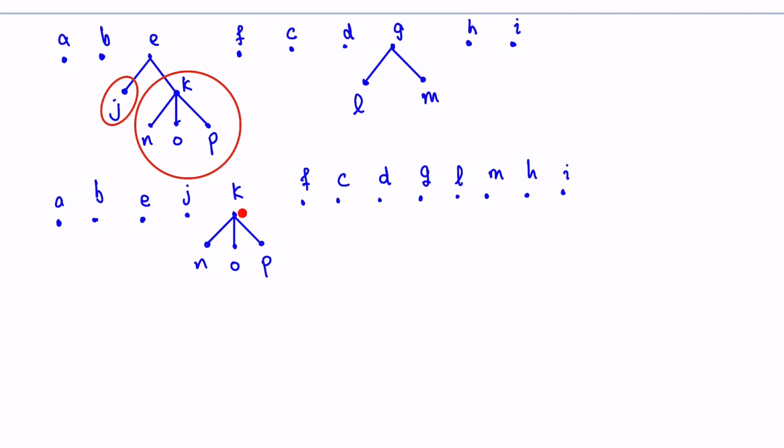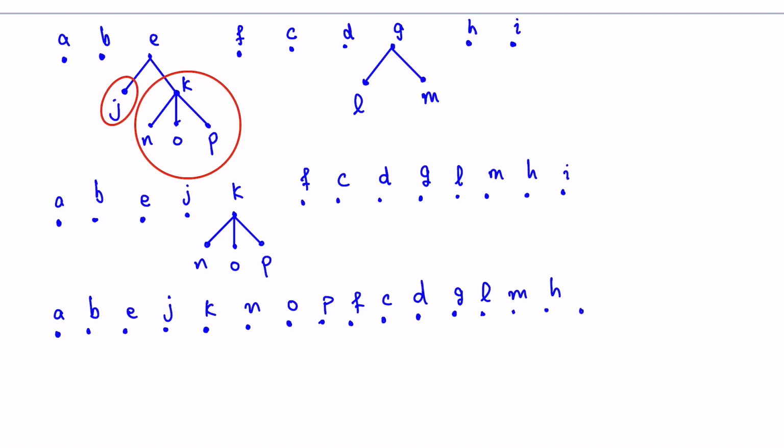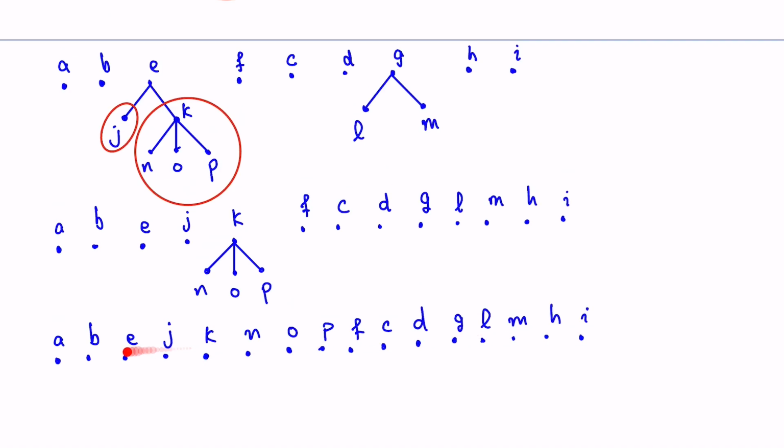That means after visiting K, you're going to visit N, O, and P. Then you're going to have A, B, E, J, K, N, O, P, F, C, D, G, L, M, H, and I. And this is the result of the preorder traversal algorithm.